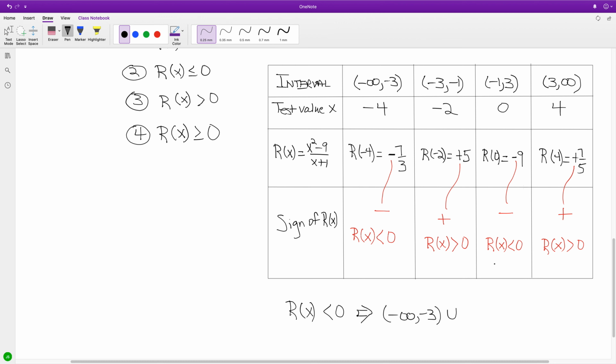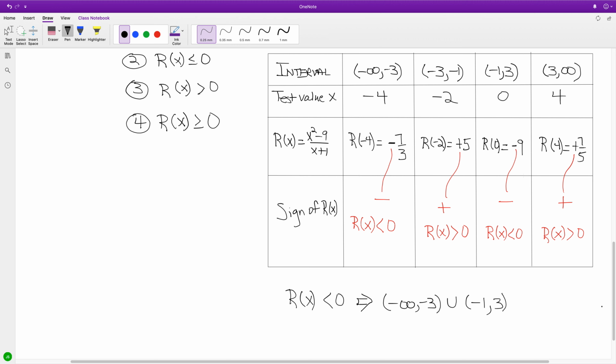You also have R of x less than 0 for those values of x where -1 is less than x is less than 3.